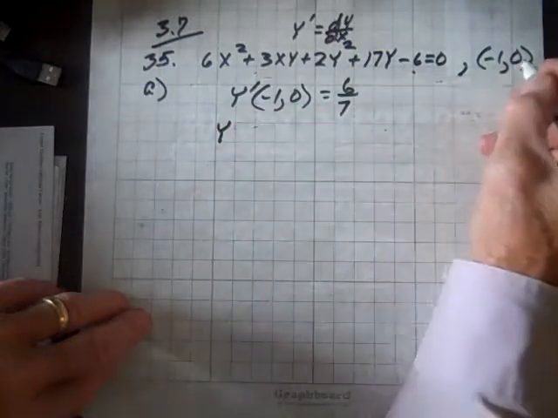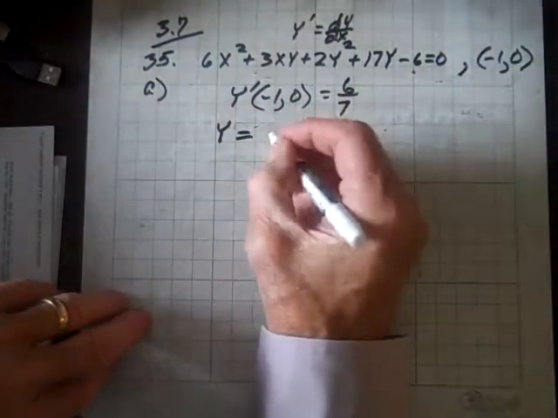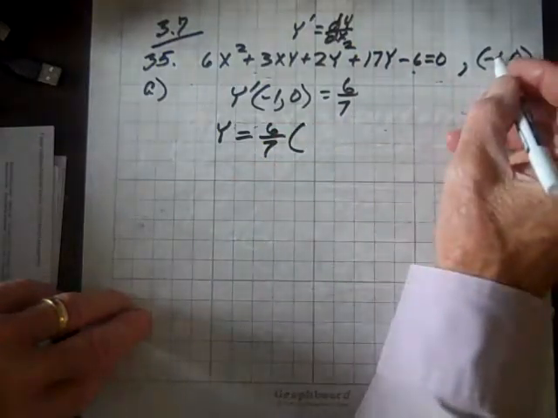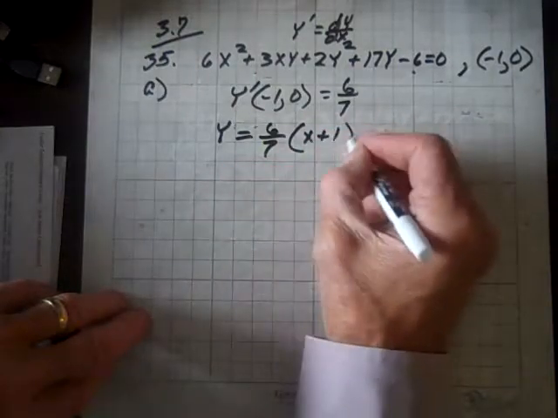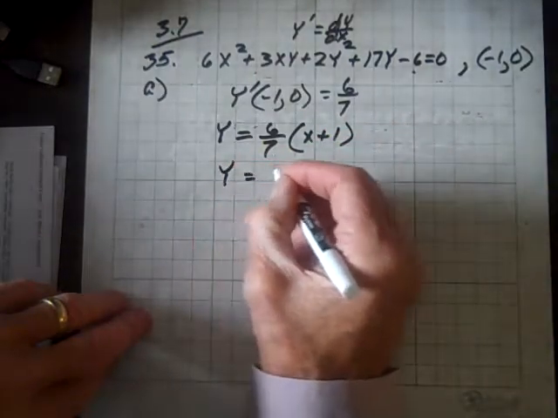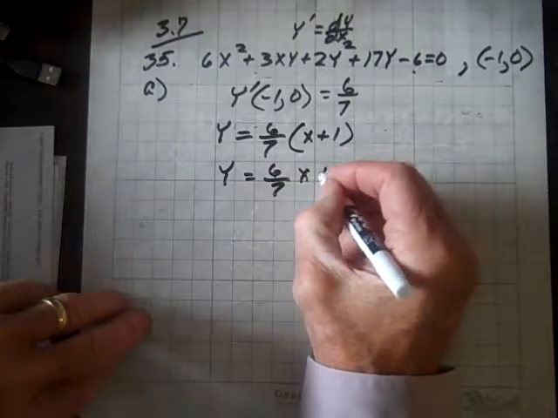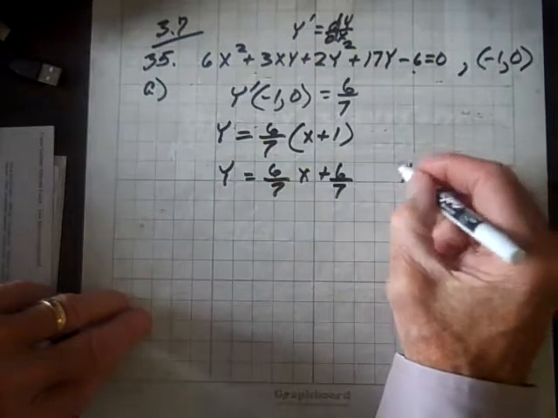So y minus 0, well, y minus 0 is just y, equals 6/7 times x minus a minus 1, x plus 1. So y equals 6/7 x plus 6/7, and that's the tangent line.